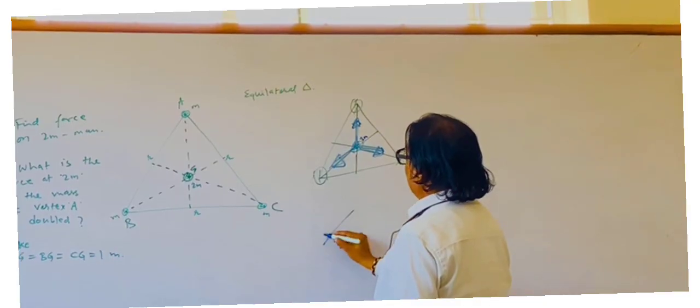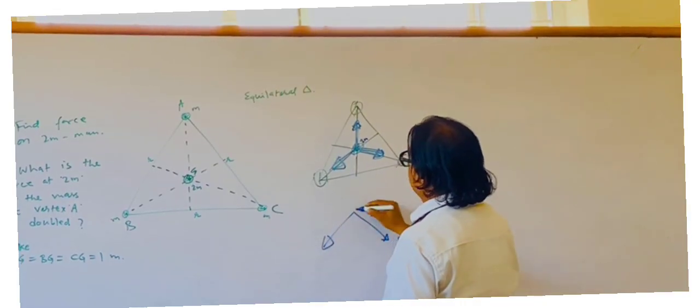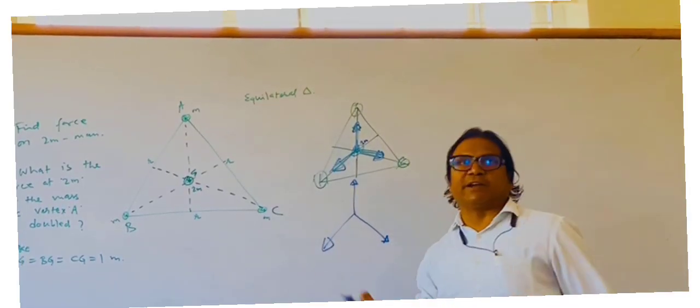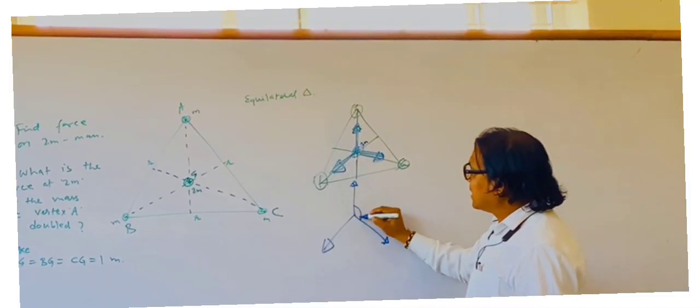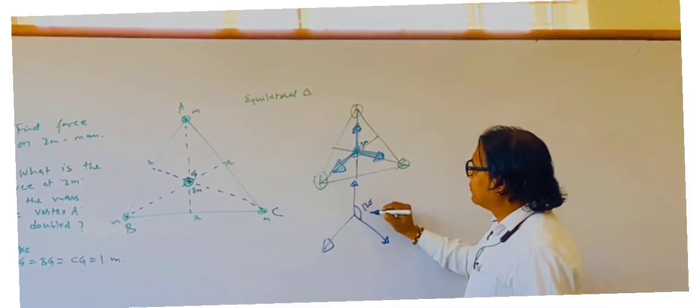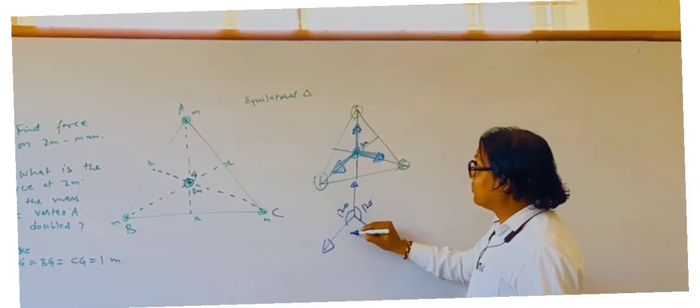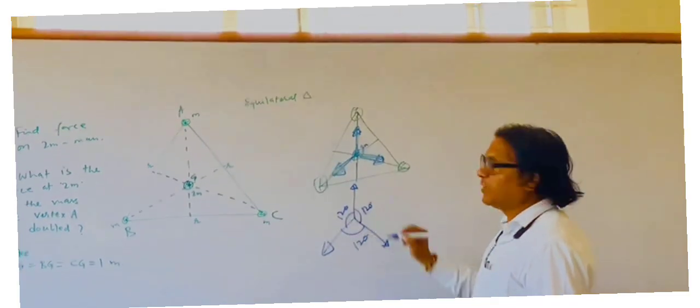This is the 2m mass. So ultimately on 2m, such a situation is created. By geometry, you will find this angle is 120, this is also 120 and this is also 120.